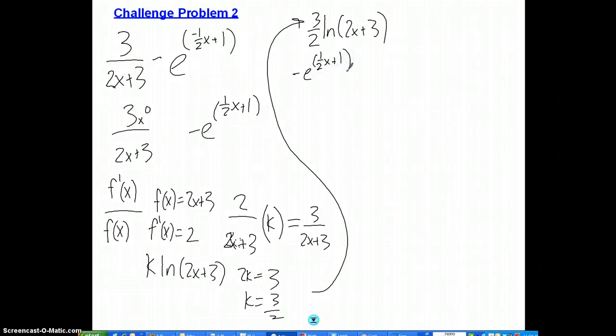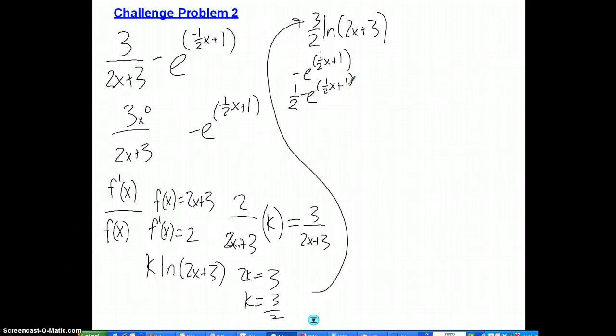We know that if you take the derivative of e to the x, you get e to the x, and it's the same thing with antiderivatives. In this case, this constant would be -1, but then the problem is that there is a function in the exponent. To handle that, we move the derivative of the function down, just like any chain rule, so that becomes 1/2 negative e to the 1/2 x plus 1.